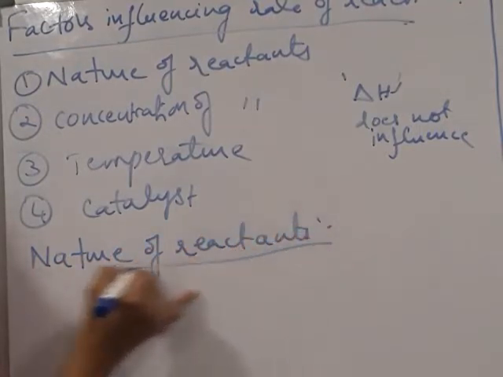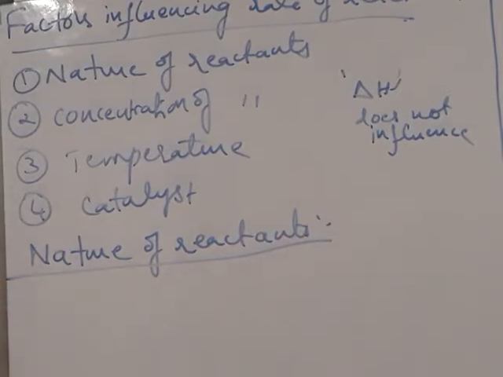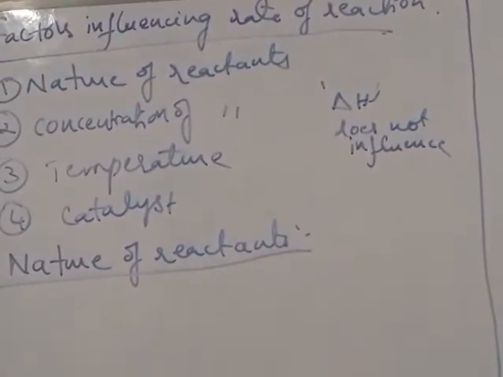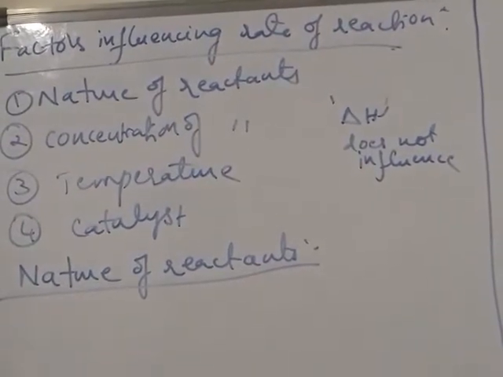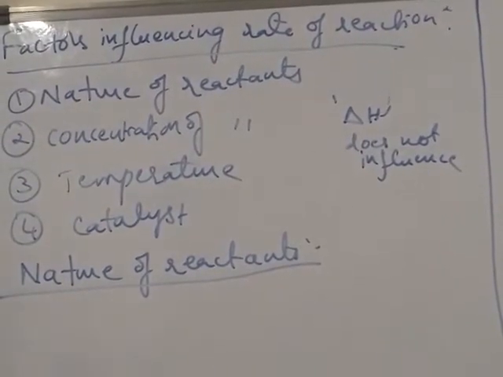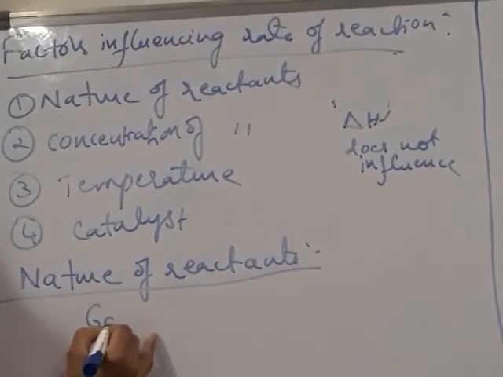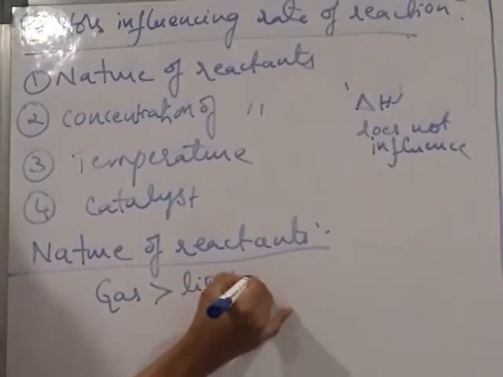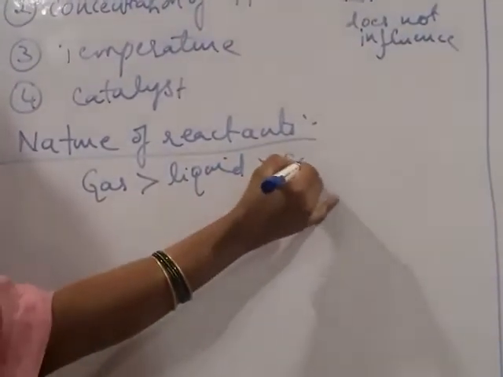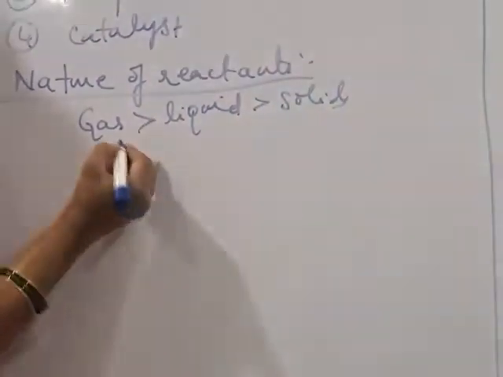So coming to nature of reactants, rate of reaction depends upon the physical state of the reactants. Okay. So generally, rate of reaction of gases is more than that of liquids, which is more than that of solids.